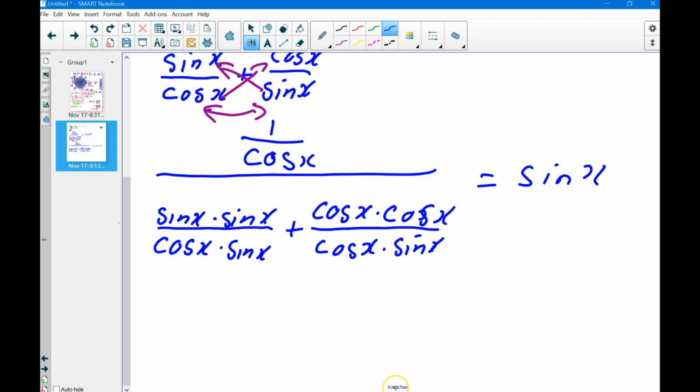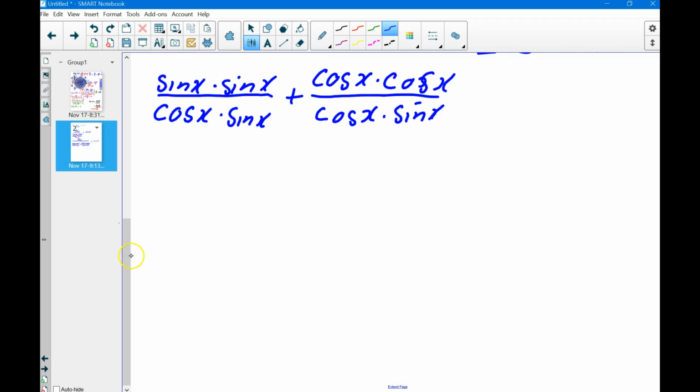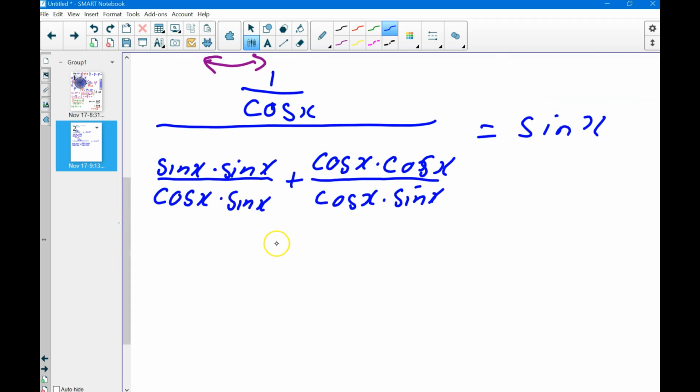So let's just start simplifying this down so it looks a little nicer. So I have 1 over cos x, 1 over cos x.